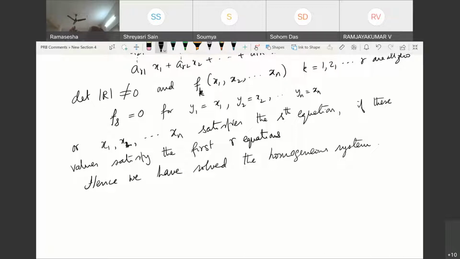Okay, now I want to show something else which is related to linear independence. Let me put it differently.